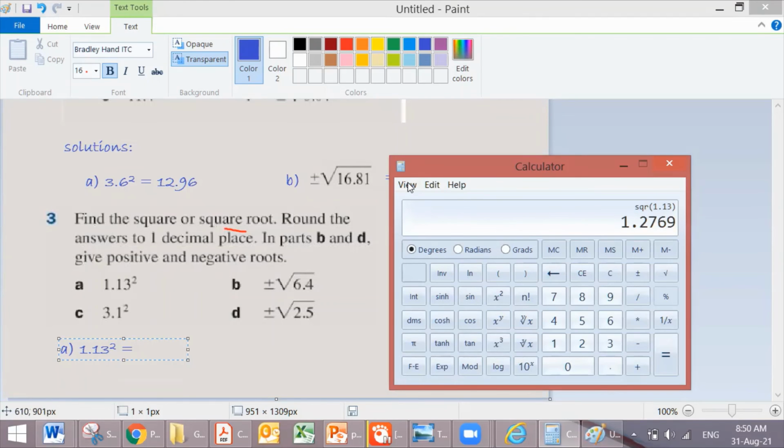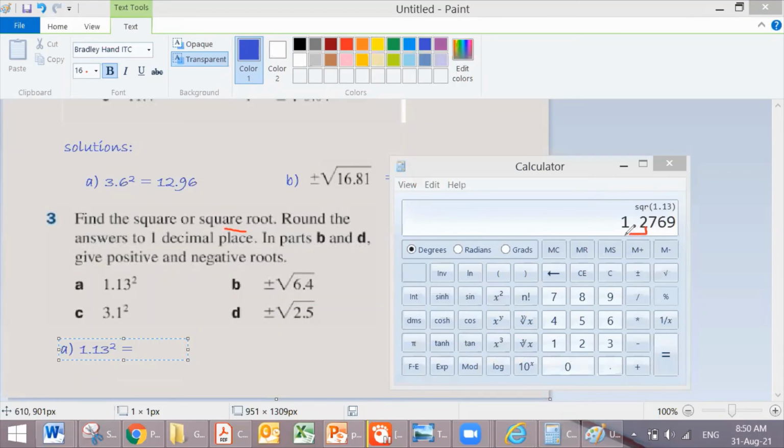So it means that I have to round my answer to one decimal place. After one decimal place I will keep only one digit, and I will see the next value after that. If it is 5 or greater, then I will increase it by 1, so it will be 1.3. Maybe you know it, it is called rounding off numbers to decimal places.